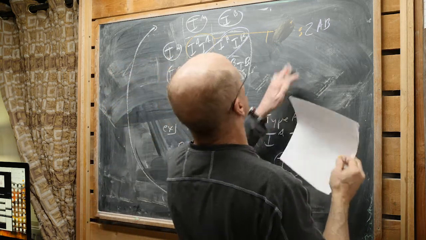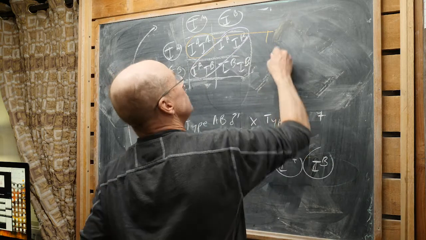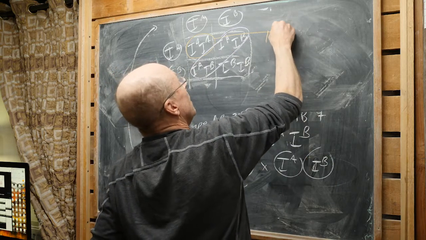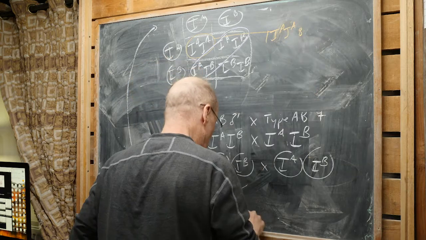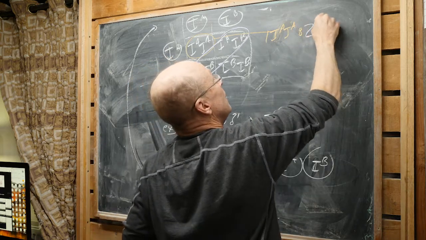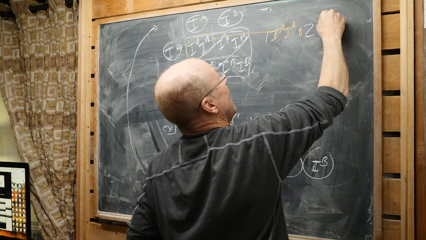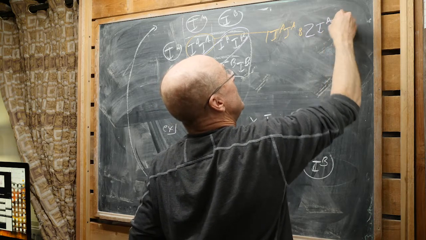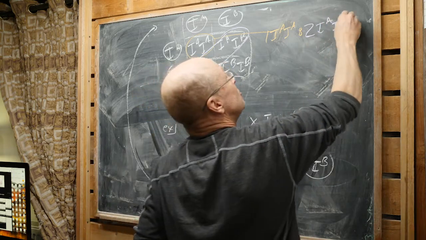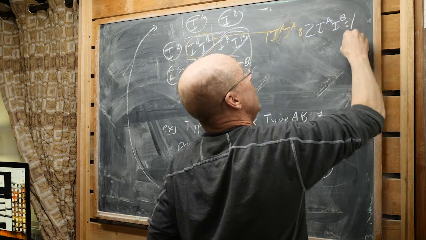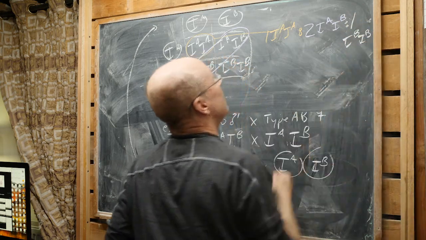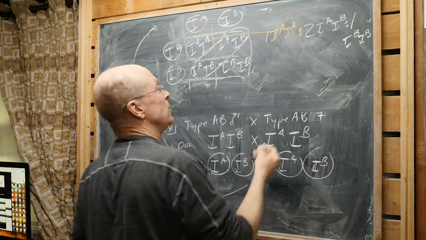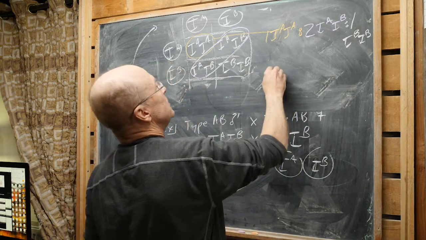Actually, I'm doing a genotypic ratio, so I was doing it right. 1 IA, 2 IA IB, 1 IB IB. So it's a 1 to 2 to 1 ratio, and then the phenotypic ratio.